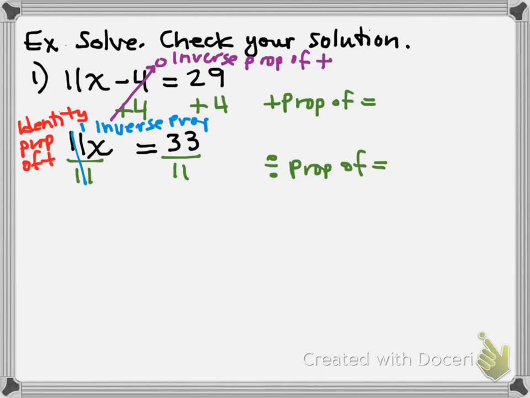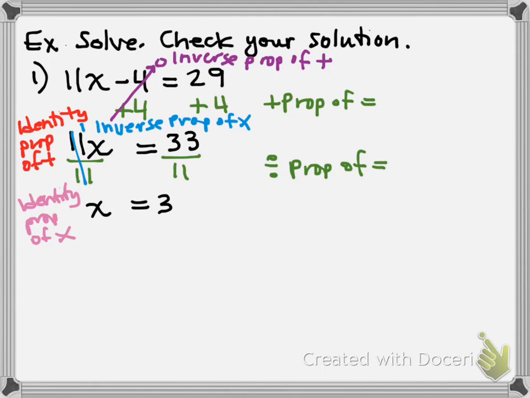The product of inverses is always 1 in multiplication. And then I get 1 times x is x. So that would be the identity property of multiplication. And then over here, we get 33 divided by 11 is 3.